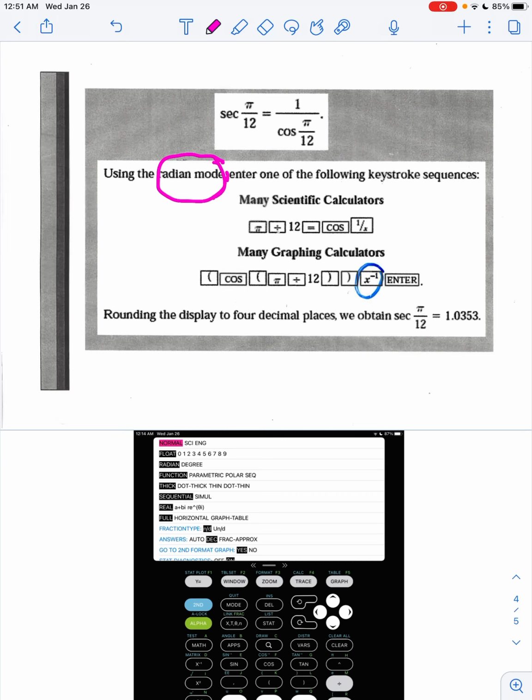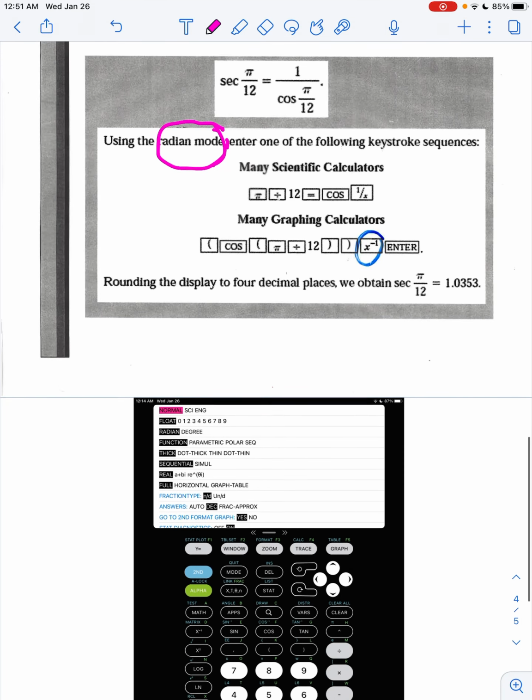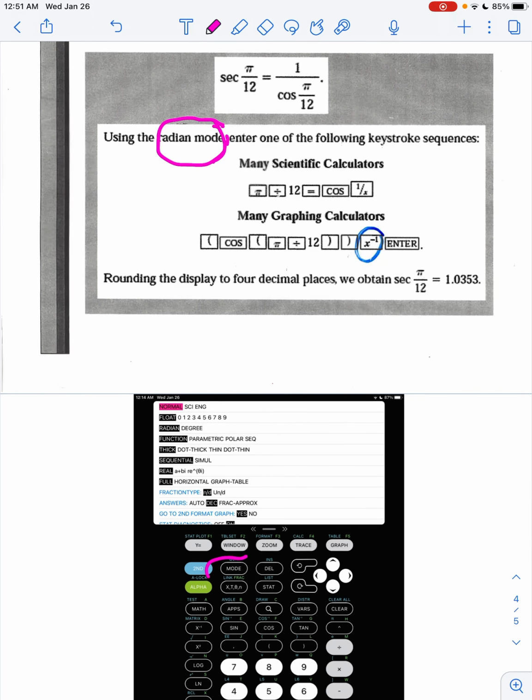And so you need to use the mode key on the graphing calculator. And right here is where you can select radians or degrees. If you want to be in radians, you select radians. If you want to be in degrees, you have to select degrees.